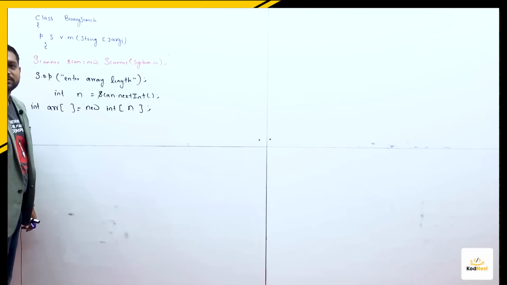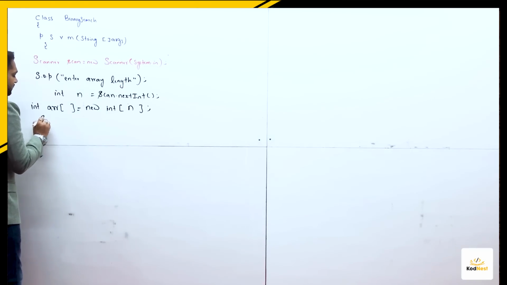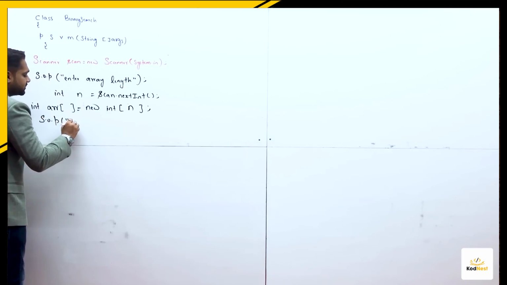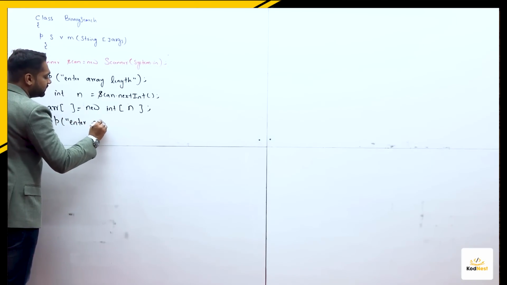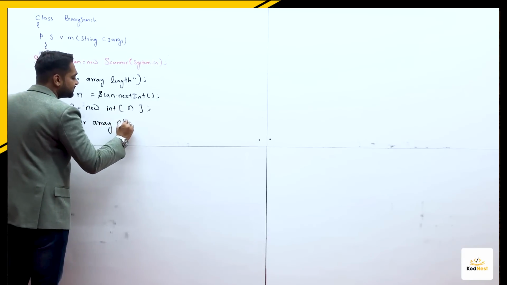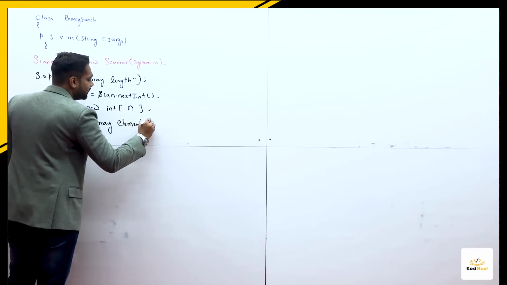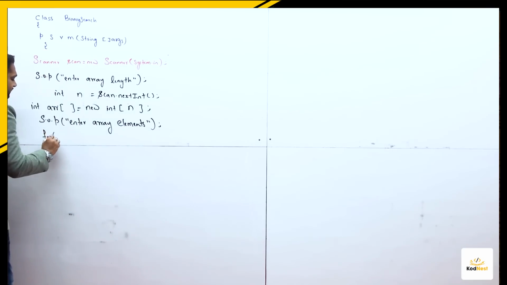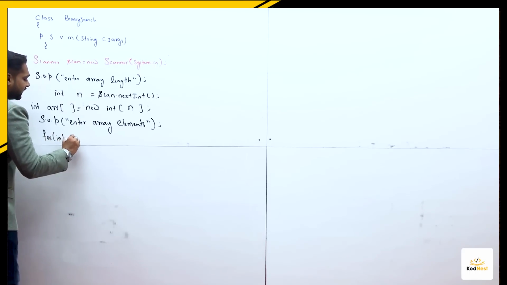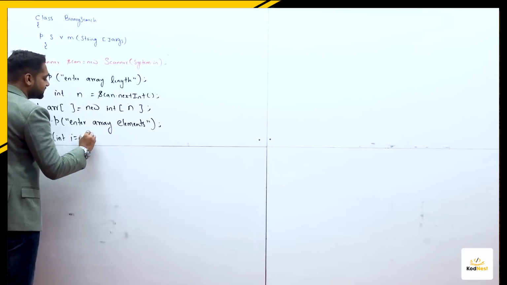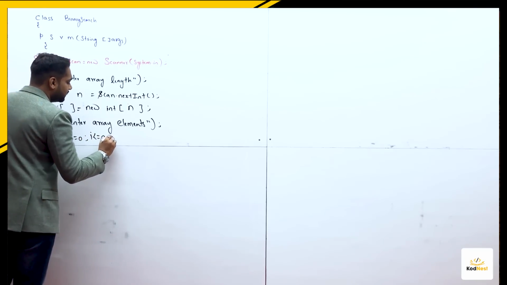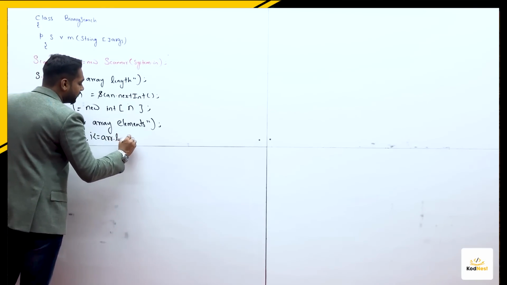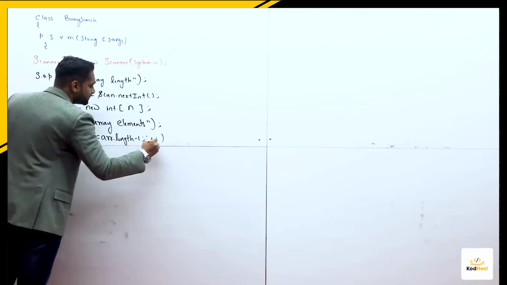What will I search? So I will ask the user, System.out.println, enter array elements. By seeing this message, the user will enter the array elements. I will collect it by telling start collecting the elements from the 0th index, go until arr.length - 1, i++.